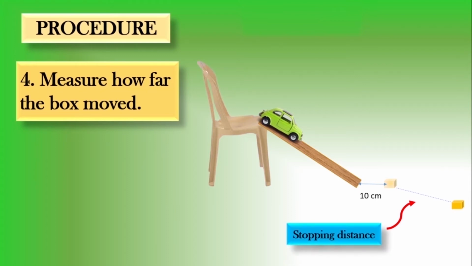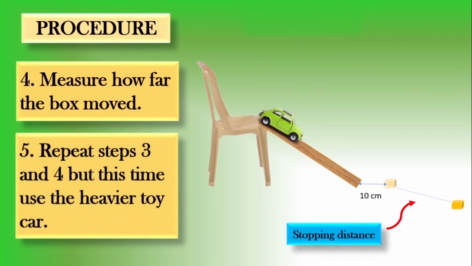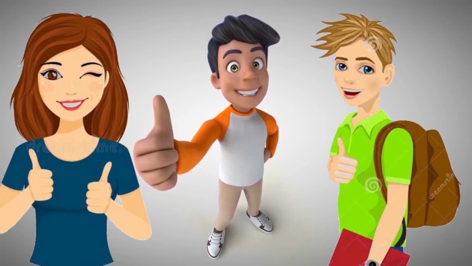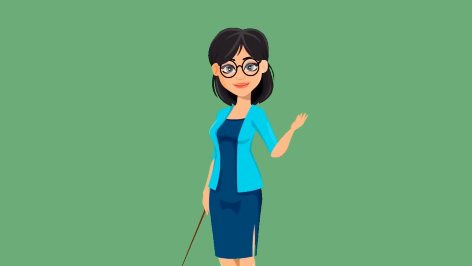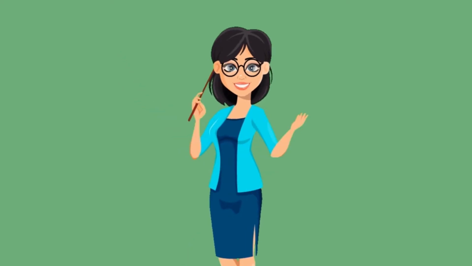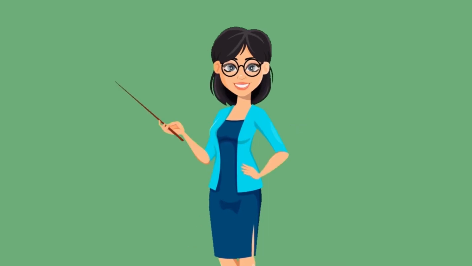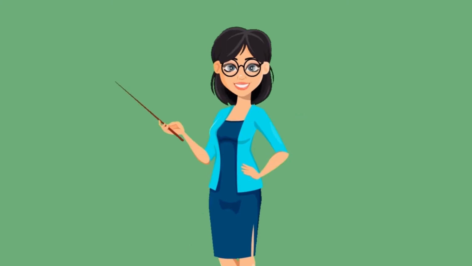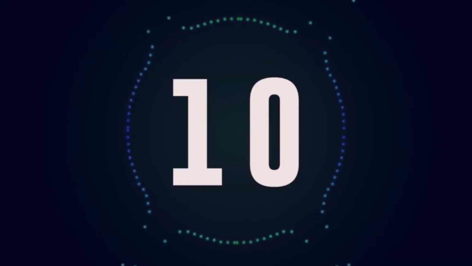After measuring the stopping distance of the first toy car, repeat steps 3 and 4, but this time use the heavier toy car. It's so easy, right? Okay, class, you may now perform this simple activity. The procedure can also be found in your learning activity sheet number 1. Okay, you may start now.